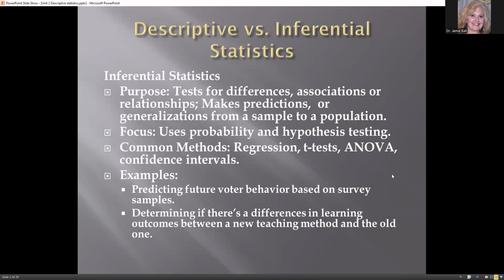And the most common methods, particularly for a dissertation, would be tests like a regression, t-tests, ANOVAs, running confidence intervals and comparing them. And some examples would be predicting future voter behavior based on survey samples, or determining if there's a difference in learning outcomes between a new teaching method and an old one.